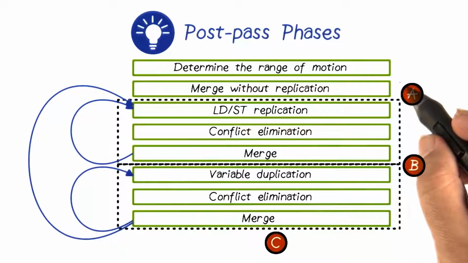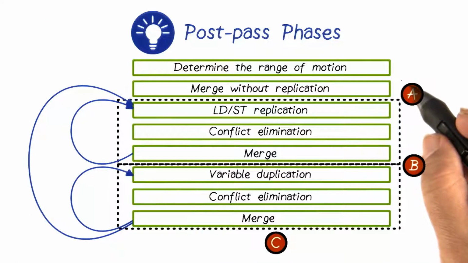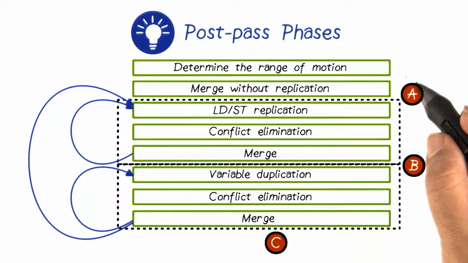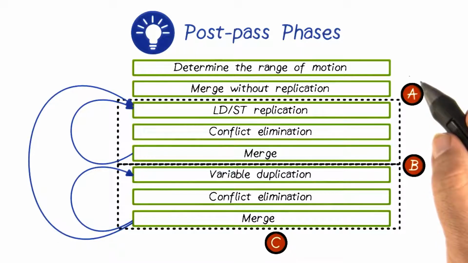So let us now take a look at the overall phases of this approach in terms of what all the information that we need to find out and how do we use it for carrying out the maximal generation of parallel load stores. As we have looked at in the previous few slides, we first start with determining the range of motion.